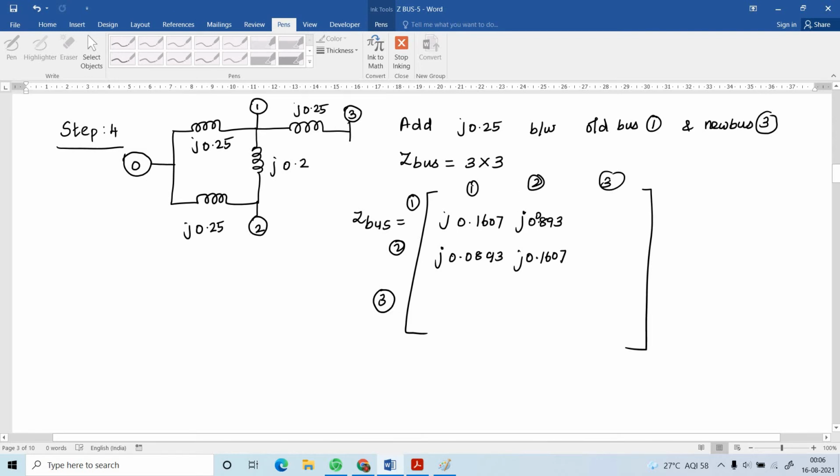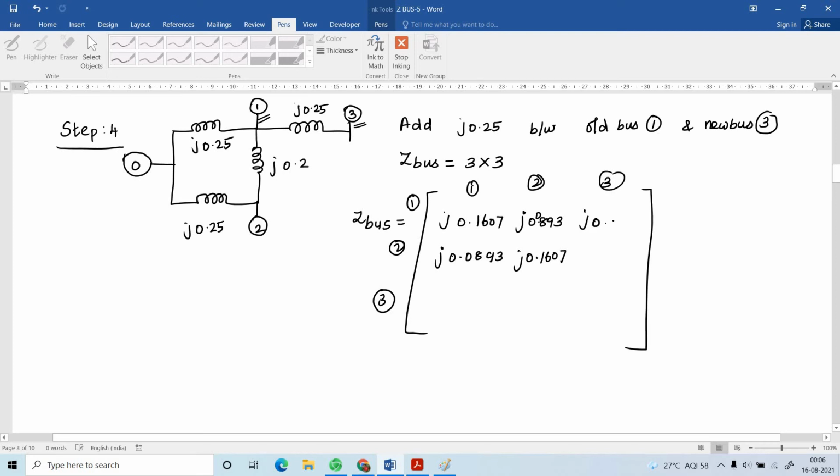I am going to find out the third column element. See, number 1 is connected to the third bus. So, take the first column element and first row element. The first column element, you have to copy the same element in the third column because 1 and 3 are connected.